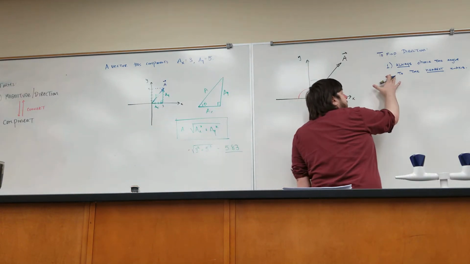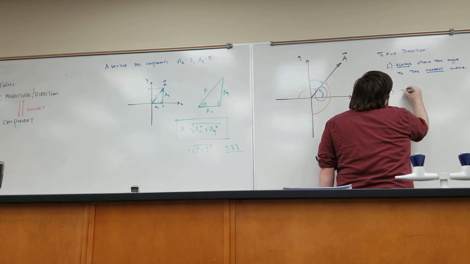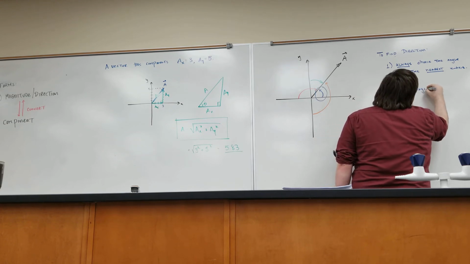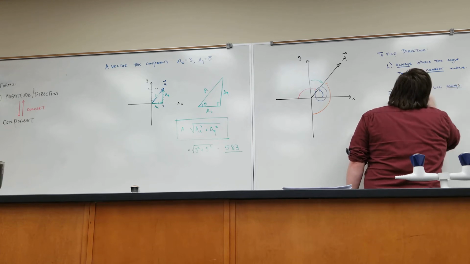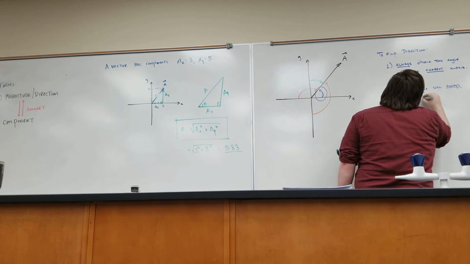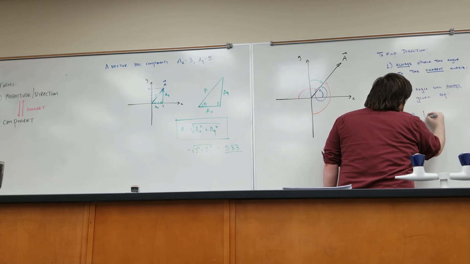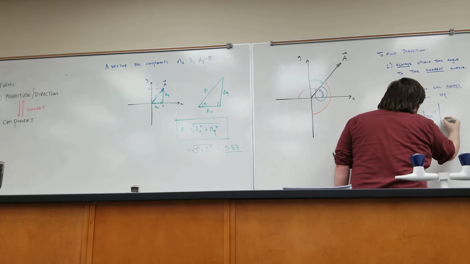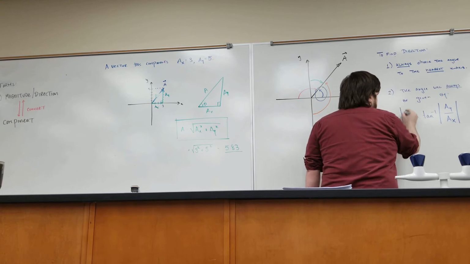So if you always choose the angle to the nearest x-axis, the angle will always be given by the formula. Theta is the inverse tangent of the absolute value of the y component over the x component.